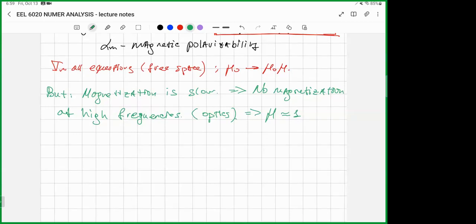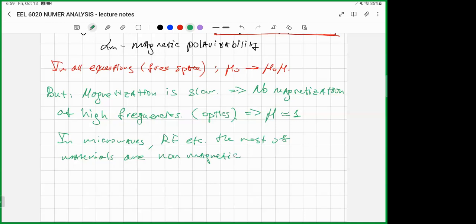In microwaves, terahertz, RF, etc., most materials are non-magnetic. And we won't discuss these materials in what follows.